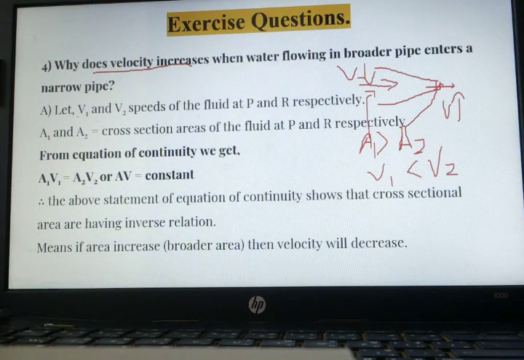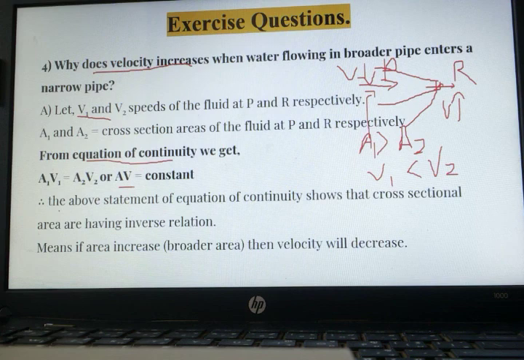We will see that only. Let V1 and V2 be the speed of the fluid at P and R respectively. We can consider this P and this R. And A1 and A2 be the cross-sectional area of the fluid at P and R respectively. From the equation of continuity, A1 V1 is equal to A2 V2. So we can also write area into velocity is equal to constant.